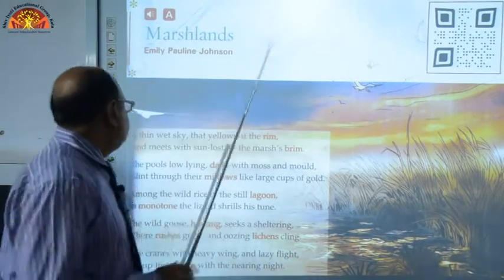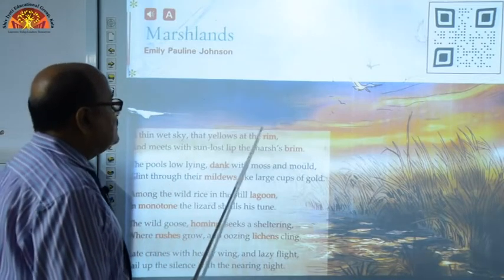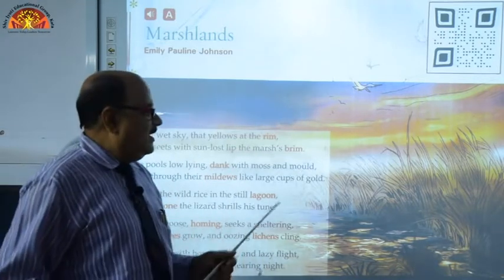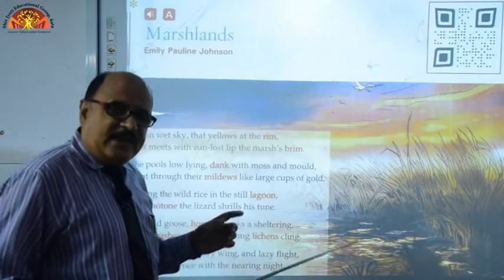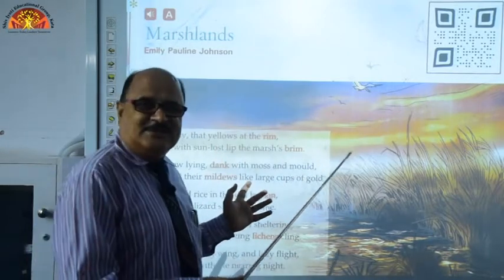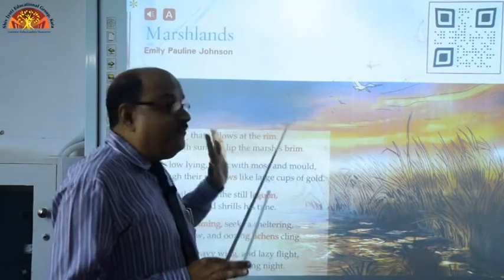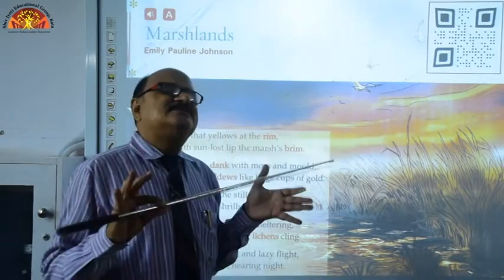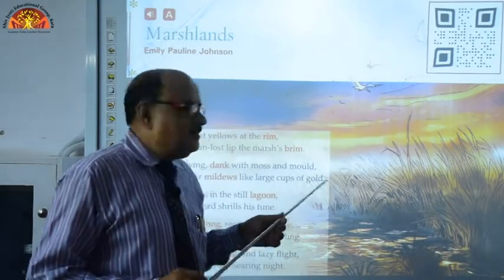So, have a look. A thin wet sky that yellows at the rim. Before I start explaining each and every line, let me draw your attention towards the unique beauty of nature. We can feel the essence, we can feel the natural beauty, right.